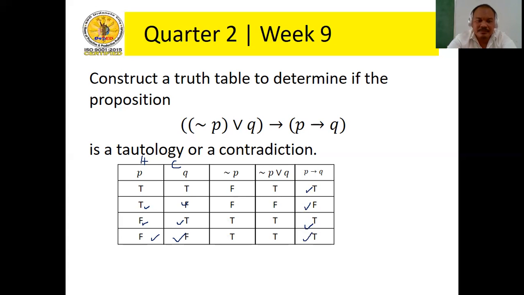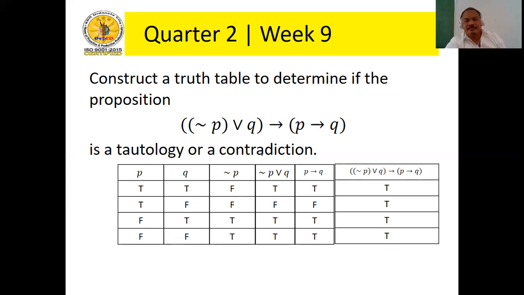Okay. Next, we're going to combine now these compound propositions by having the last column. So all in all, this will become your hypothesis column. And this will become your conclusion column. So by conditional, P implies Q, true, true will become true, false, false.